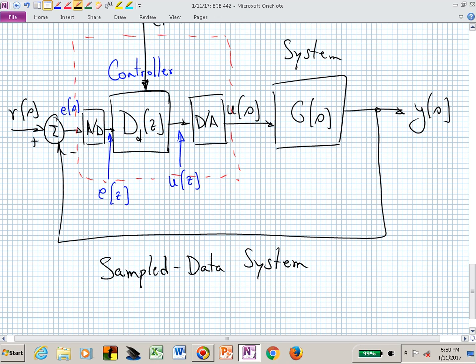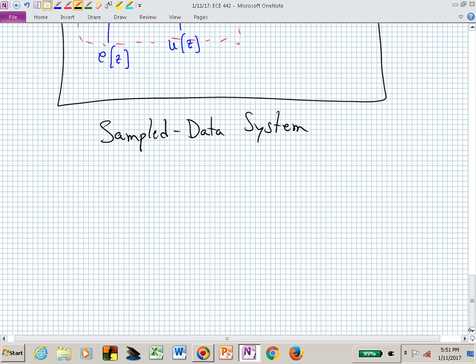What we are going to be focusing on is figuring out how to create that D sub D of Z. Meaning, do we convert G of S into a discrete system, or do we find a D of S and then discretize that, or find a discrete equivalent for D of S and call that the D sub D of Z? So we have different ways of going about designing these controllers. This is a sampled data system.